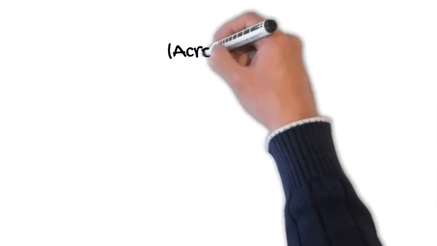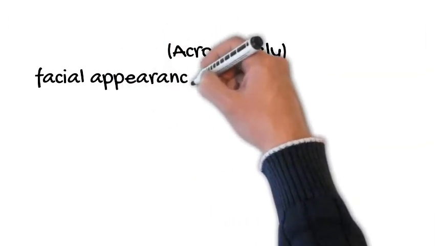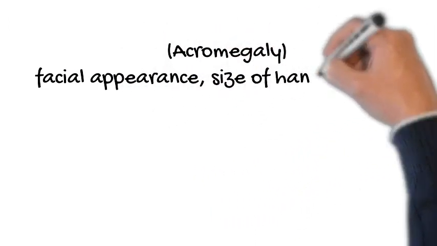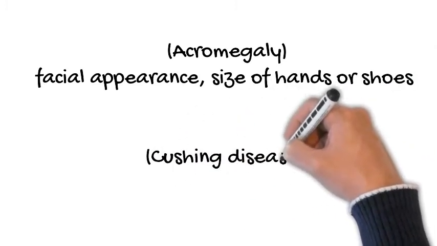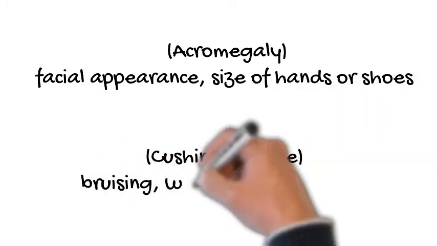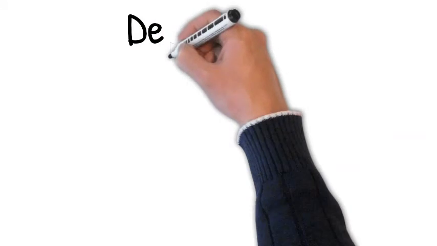For associated gland problems, ask about any change in facial appearance or any change in size of hands or shoes, as in acromegaly. Regarding Cushing disease, ask about any bruising of skin, any weight gain, any abnormal bone fractures, and fatigue.